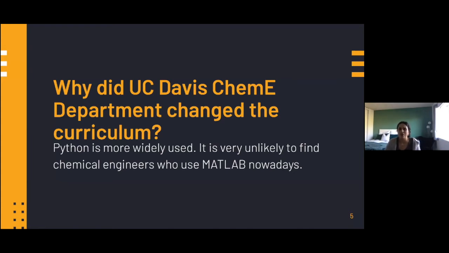And although there are other programming languages that chemical engineers use, I really wanted to get an experience of what Python is, how I can integrate it into my classes, and also put that on my resume, obviously, because this will definitely help in the future when job recruiters are looking for what kind of experience you have. Do you have an exposure to different programming languages? It's definitely a good thing to have. And that's one of the reasons why the chemical engineering department switched from MATLAB to Python.